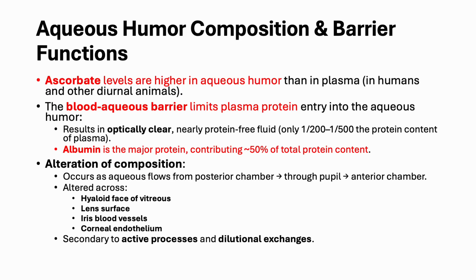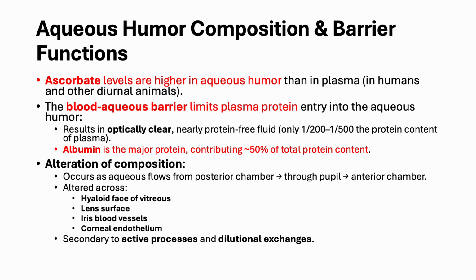A key characteristic of aqueous humor is its unique composition, which differs significantly from plasma. One notable difference is the high level of ascorbate, or vitamin C, found in aqueous humor. In humans and other diurnal animals, the concentration of ascorbate is significantly higher than in plasma. The blood-aqueous barrier plays a crucial role in maintaining this distinct composition.